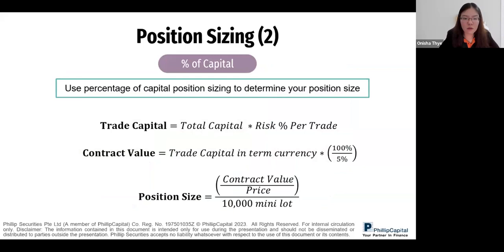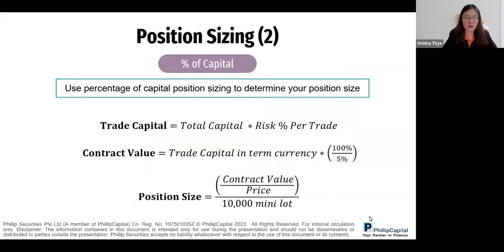Now, here is the percentage of capital. This is what we use to determine your position size. Let's say today I'm only willing to risk a certain percentage of my trade capital.